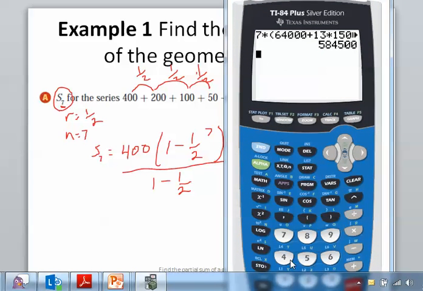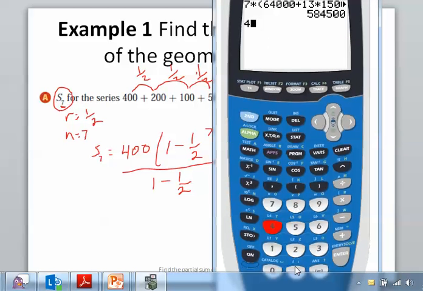So I'm going to press 400 times 1 minus, and I'm just going to say 0.5 raised to the 7th power, parentheses, divided by parenthesis, 1 minus 0.5, close parentheses.